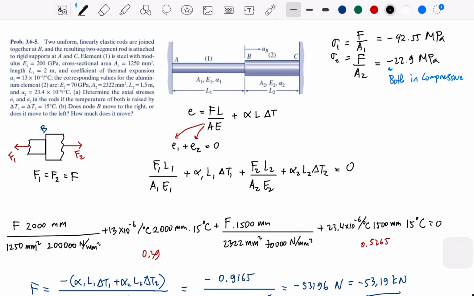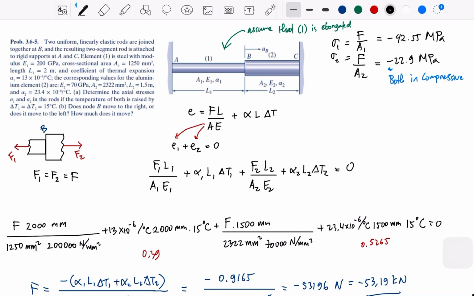Okay, we can take the displacement, this UB, as an assumption that we need to assume that the material 1 will be elongated. Okay, so assume that 1 is elongated, meaning it's increasing.